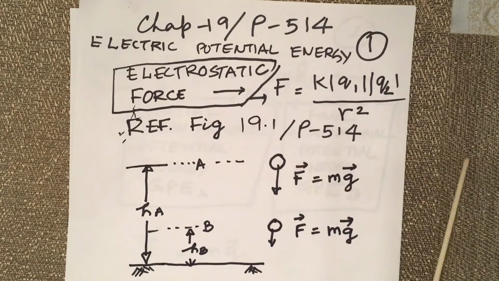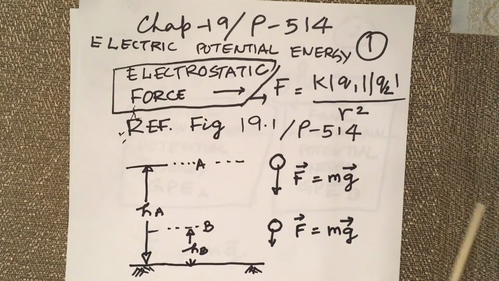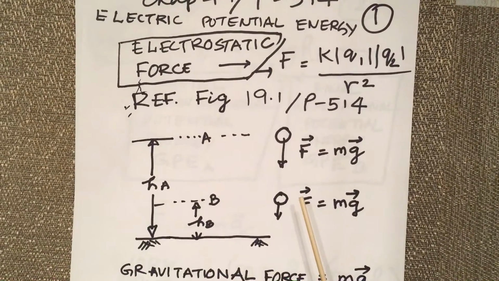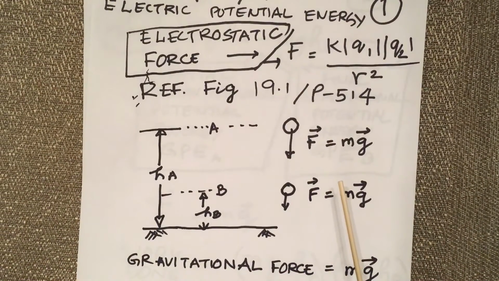The height it falls to the ground, let's say, was 10 meters. So we multiply force times 10 meters. Force here is the weight, which is mass times acceleration due to gravity. The same principle is applied for electric forces and electric potential energy.